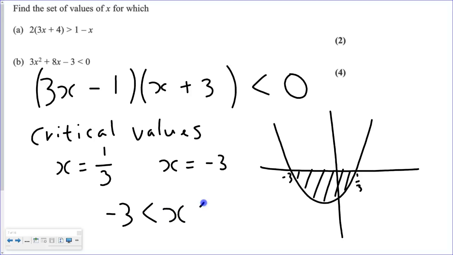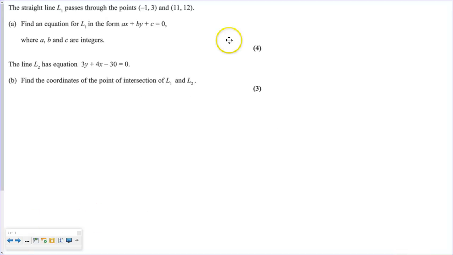I'll just write it like this. Okay, this means that x is bigger than minus 3, but it's less than a third, so it's bounded between minus 3 and a third. Okay, so make sure you take care of how you write that inequality at the end.